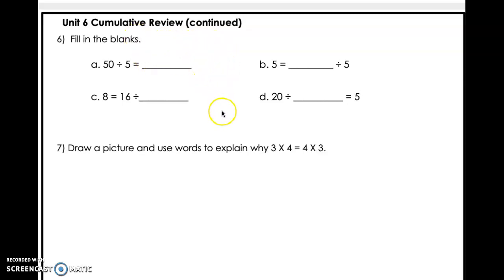Share 50, and what do you get? 10. Here, something divided by 5 equals 5. Even though it's backwards like this, we still read it like this. Something divided by 5 equals 5. So 5 times what equals 5? 1.